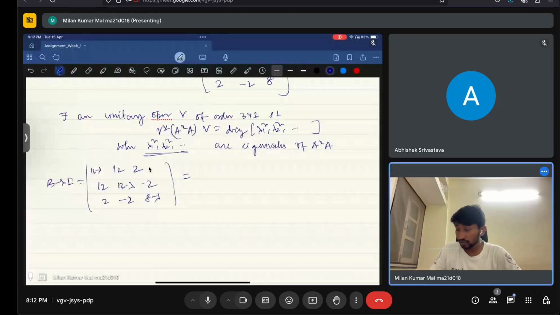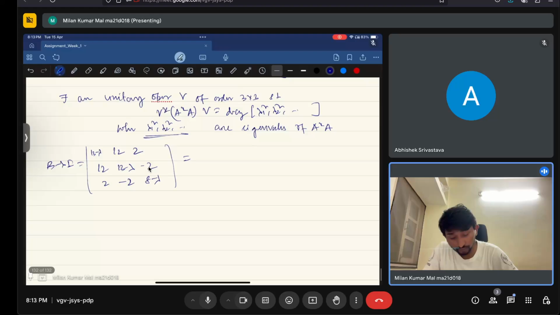So how do we calculate all these eigenvalues? We have to calculate the determinant.